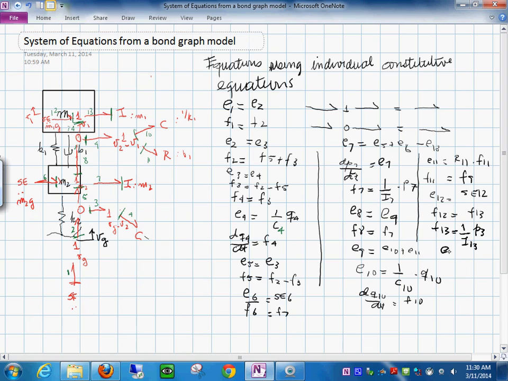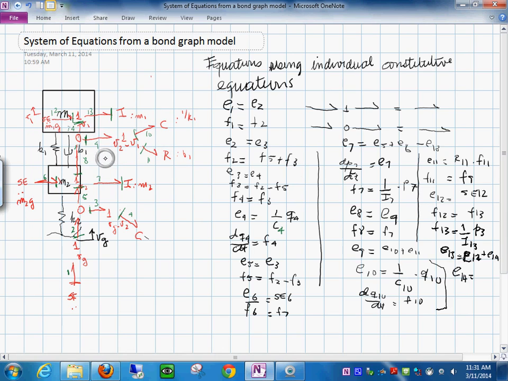Now E13. E13 is equal to E12 plus E14. Okay, E13, F13, E14 is E14.